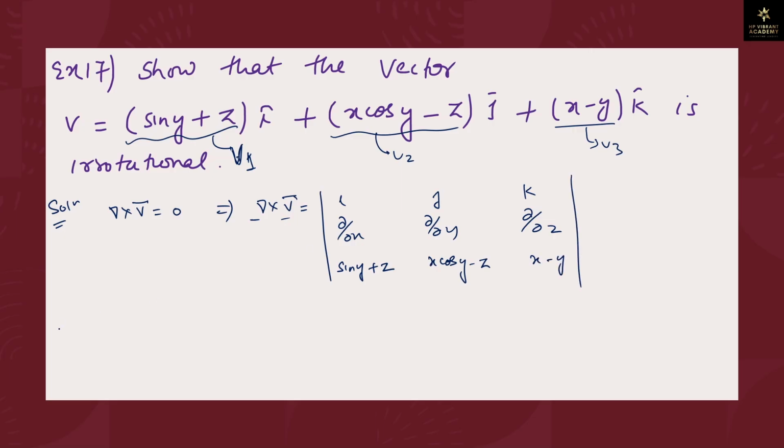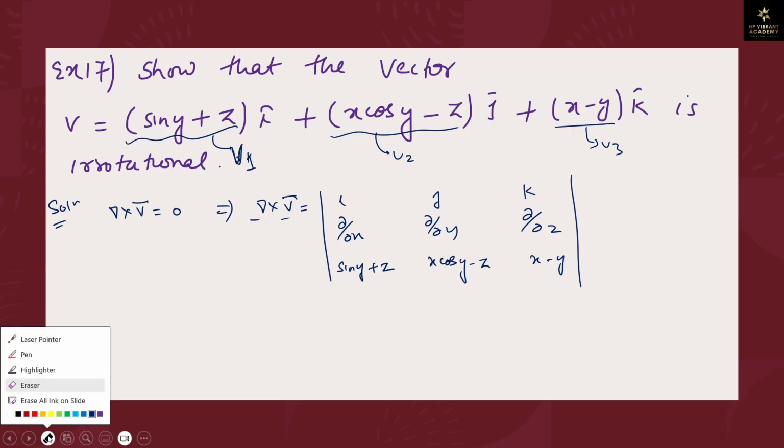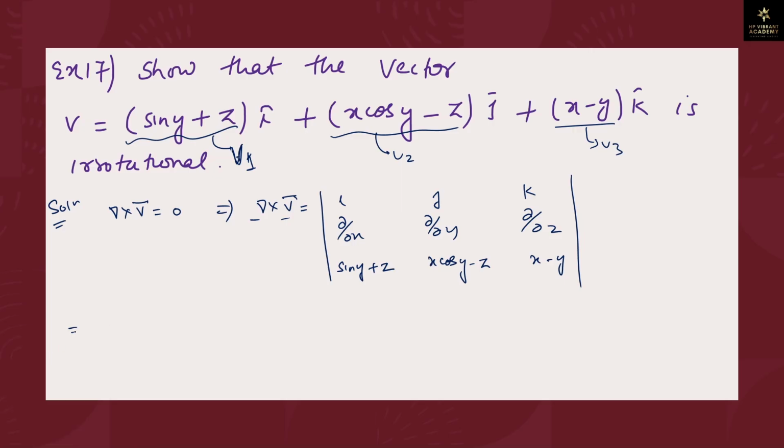So let us write down the components of i cap. So we have this as del upon del x times of this. So we have to take the cross multiplication. This is equal to i vector. So for i cap we have del upon del y of this one.